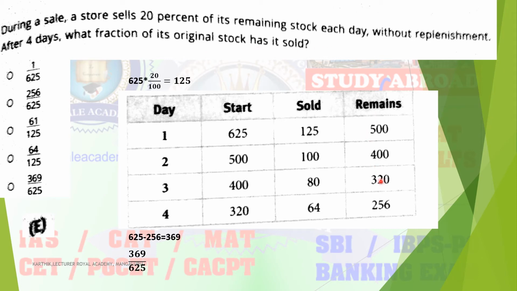So how to find out? 625 minus 256, 369 items were sold. So in 4 days, 369 items were sold out of 625. So 369 divided by 625. Which option is correct? Option E is correct.